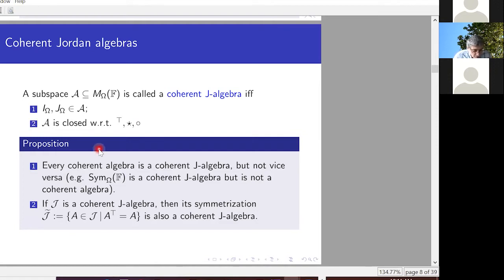Now, the following proposition is quite straightforward. Every coherent algebra is a coherent Jordan algebra, but the converse is not true.